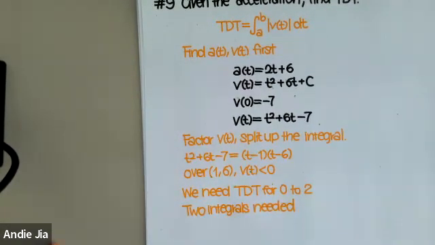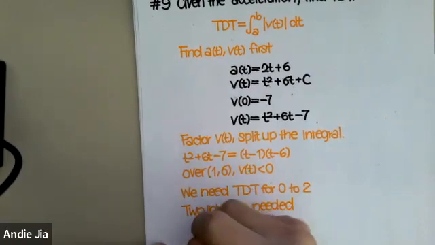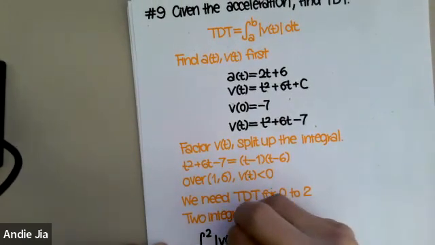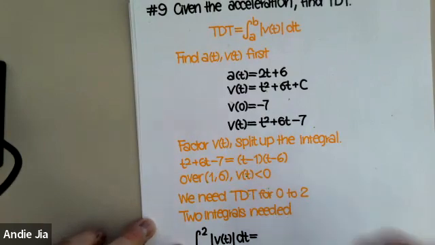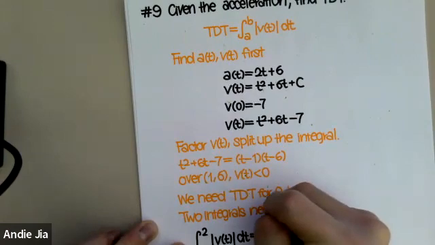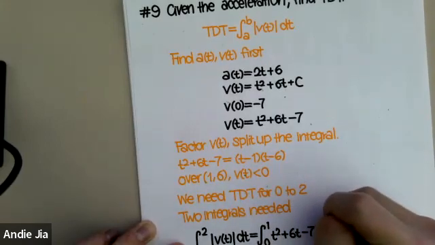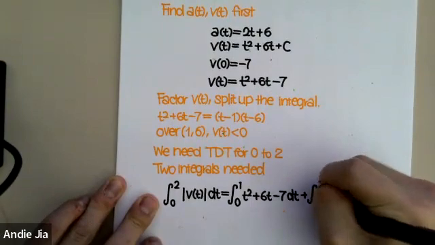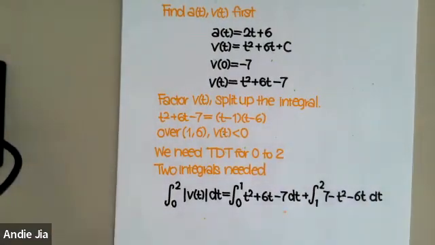So we need to split up the integral, and then evaluate the integrals. One integral is from 0 to 1, and another integral is from 1 to 2. Evaluating them gives the total distance traveled from 0 to 2.